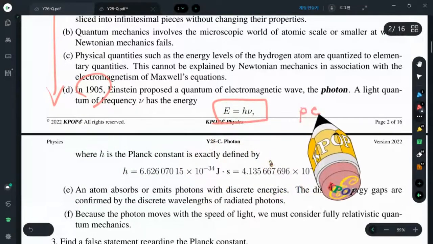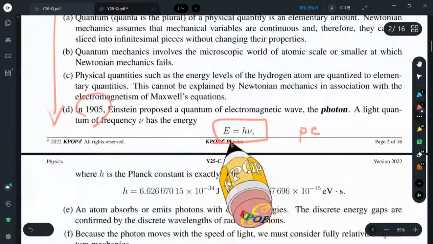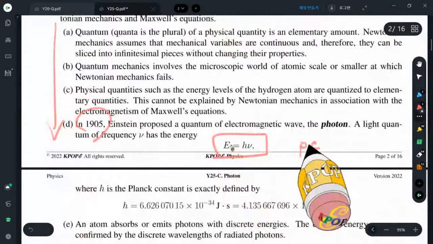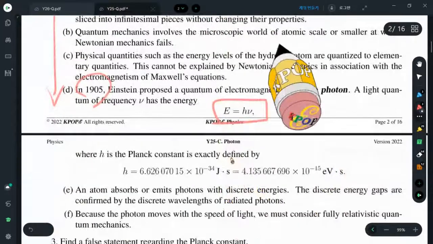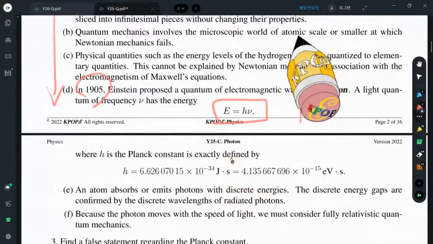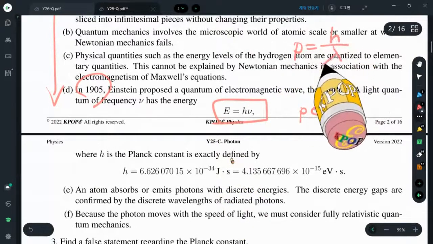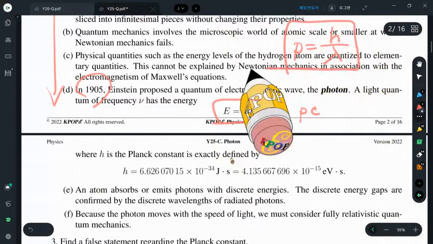If pc is the energy according to Einstein's theory of relativity, here we introduce an interesting substitution. This is actually the de Broglie wavelength for matter waves. And actually, elementary particles such as the electron have wave nature.